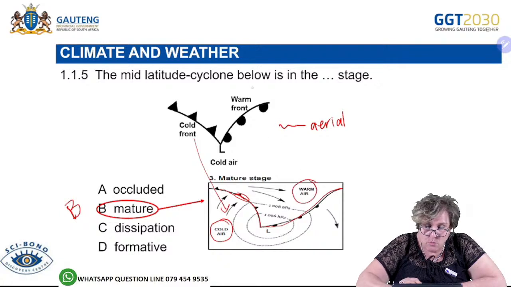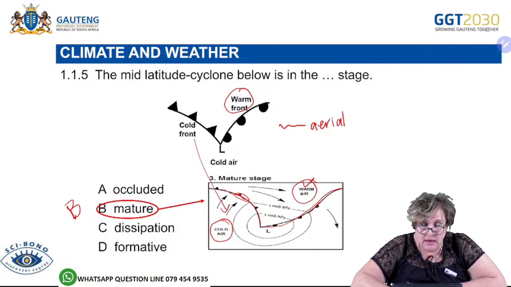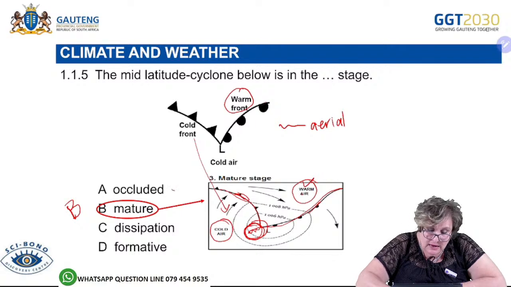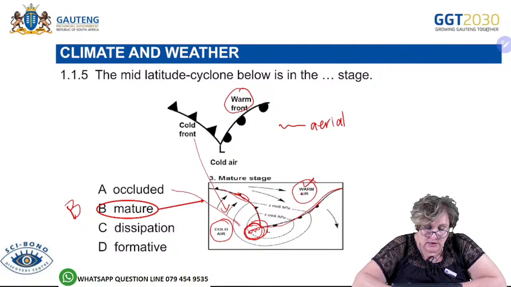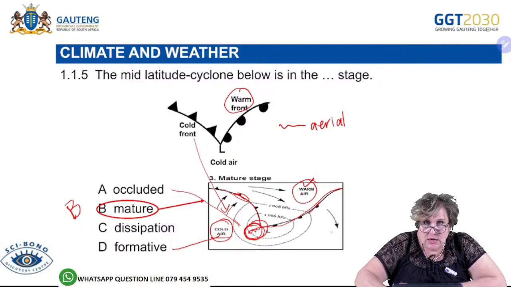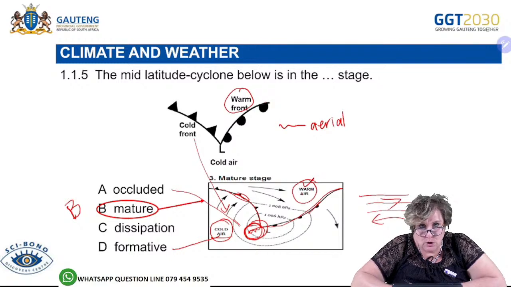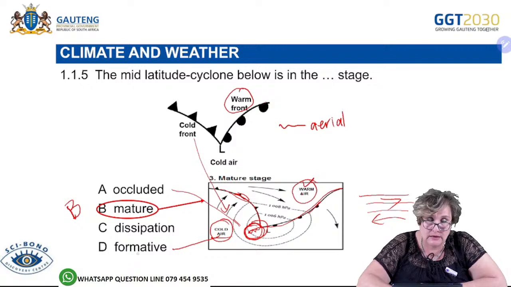And there I have my warm front, and behind my warm front, I have my warm air. Now, it's not occluded, because the other tail that comes down here that says warm, cold, warm, if that tail were there, then it would have been the occluded stage. The formative stage is right there at 60 degrees, where the warm and the cold air are moving parallel to each other.